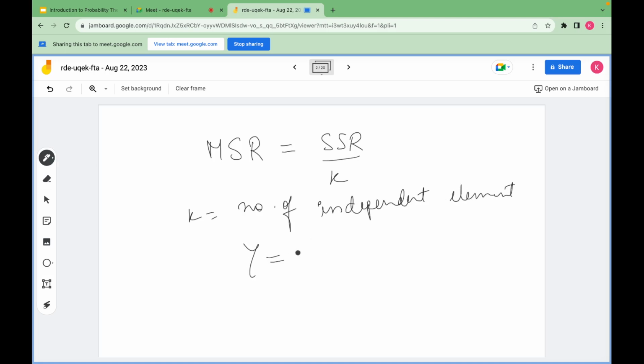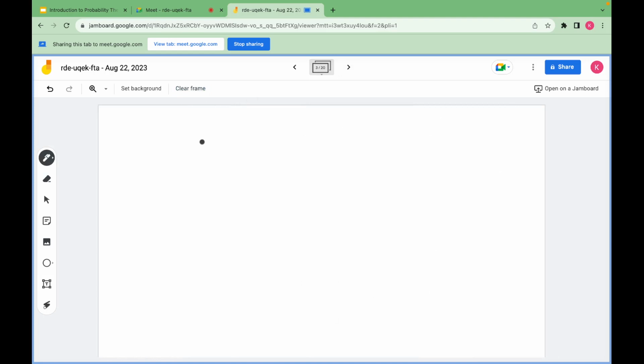So this y is equal to ax plus b. There is only one independent variable for linear regression. That's why k is equal to 1. So this MSR is SSR upon k. In our case, k is equal to 1, so it is equal to SSR.